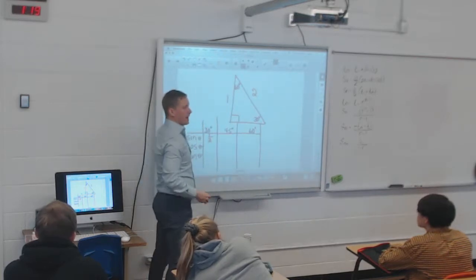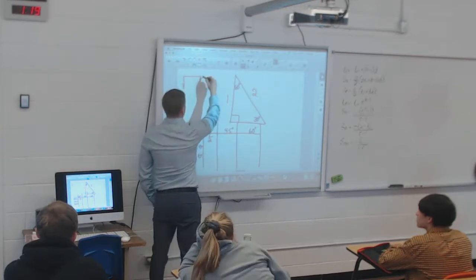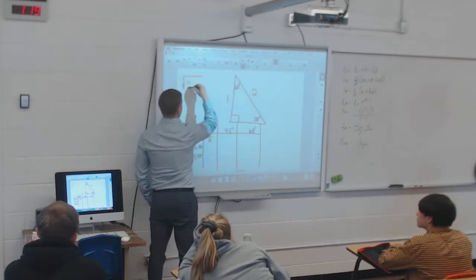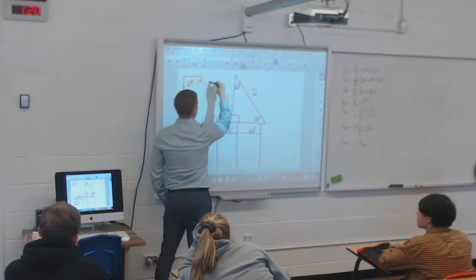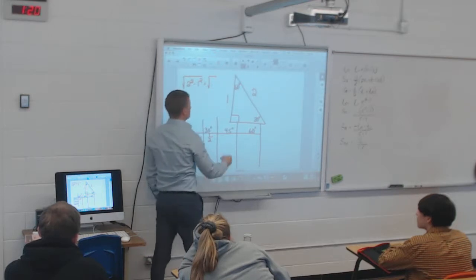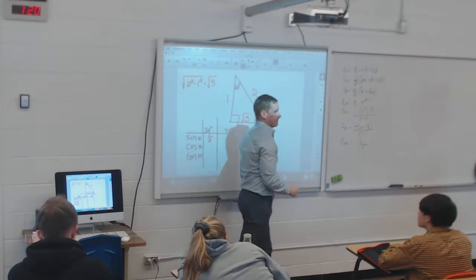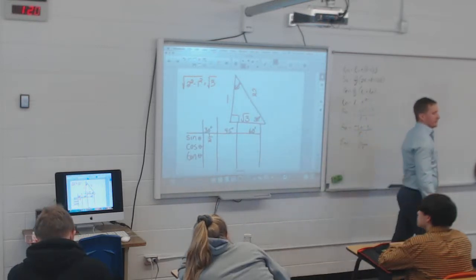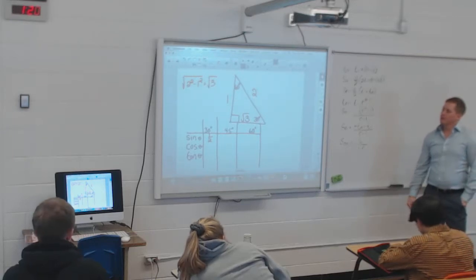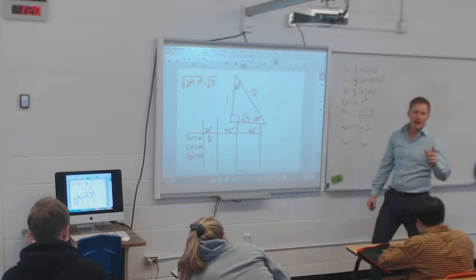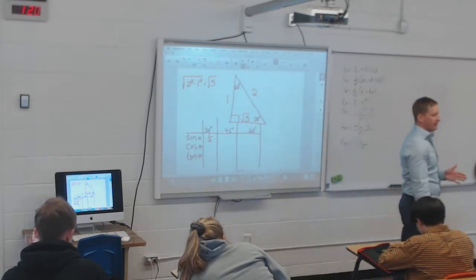That third side, using Pythagoras' theorem, is 2 squared subtract 1 squared. What's 2 squared? 4. What's 4 subtract 1? We are going to write that as square root 3. Now these values will never ever change for a 30, 60, 90 triangle.